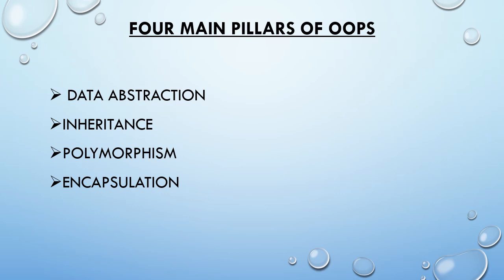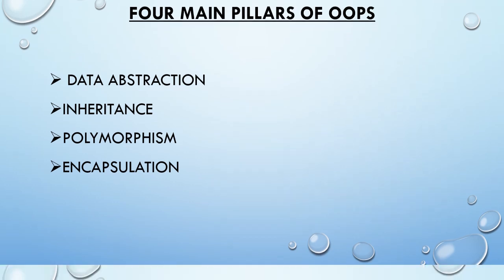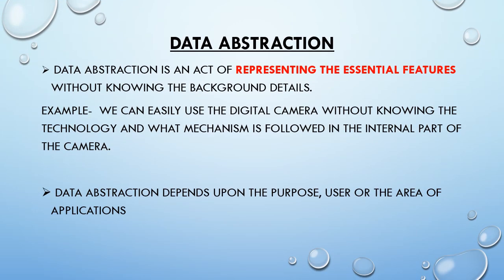Now we will talk about the four main pillars of OOPS. Very, very important. The first is data abstraction, then inheritance, polymorphism, and encapsulation. We will see data abstraction. So what is data abstraction?